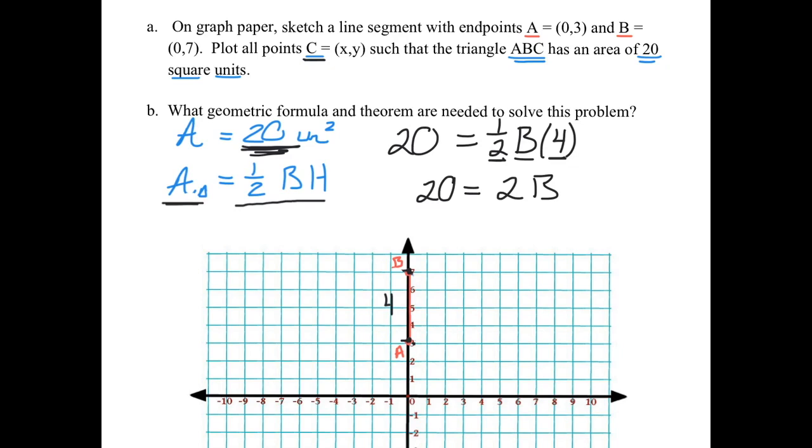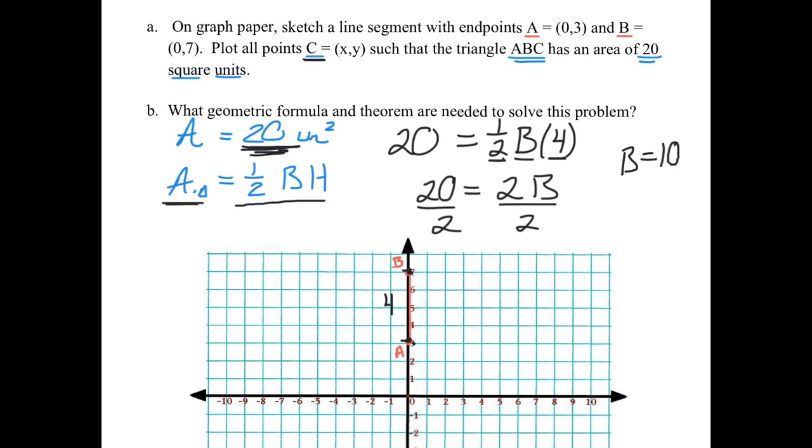Now I want to get the base all by itself, because I'm trying to figure out what the base would have to equal for my area to be 20. So next I'm going to divide by 2. Once I simplify that, it looks like my base is going to have to be 10 units.